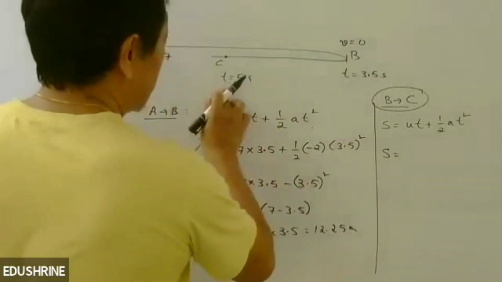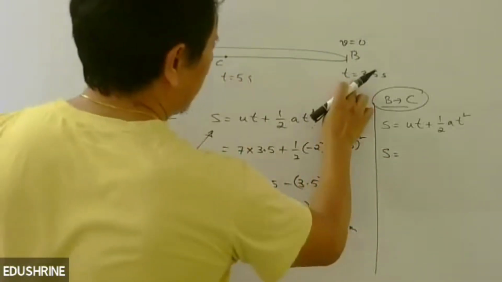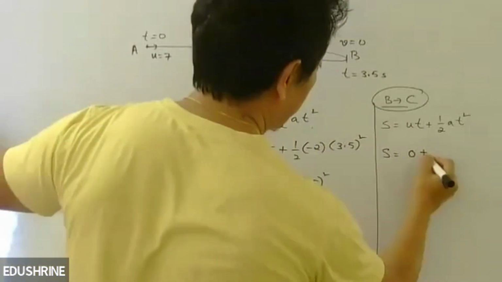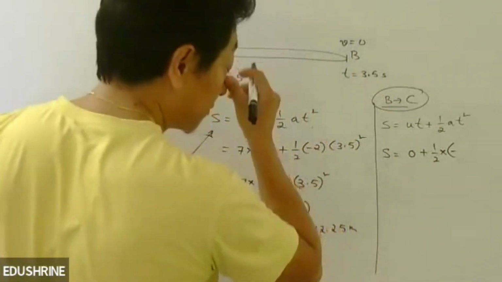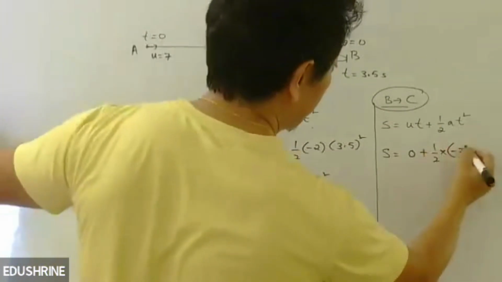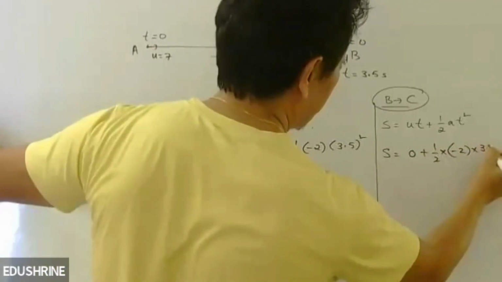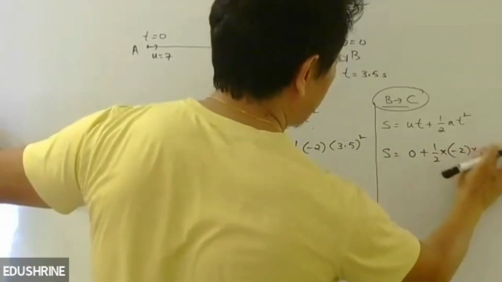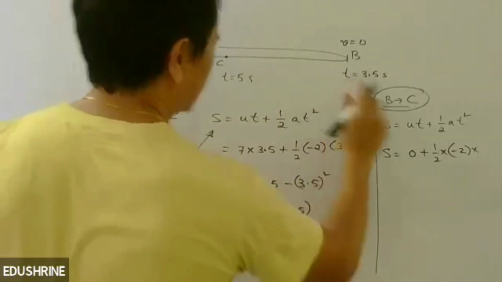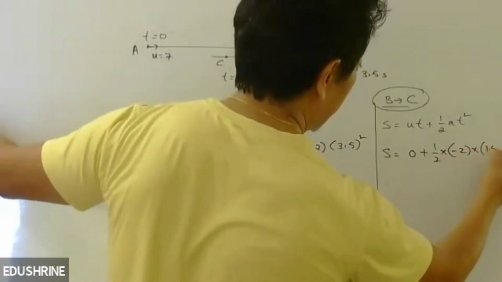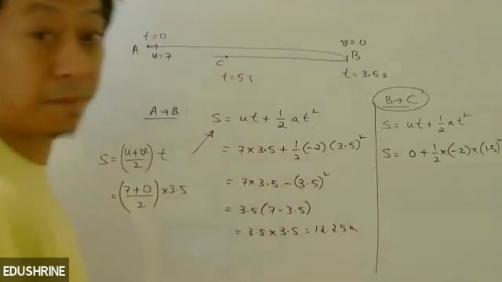So from B to C, what is initial velocity here? 0 plus half. Acceleration is minus 2 into 3.5. Wait, what is the time taken? Here is 5 seconds, here is 3.5 seconds. So time taken is 1.5 square.